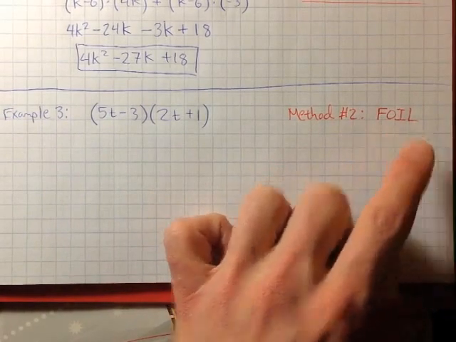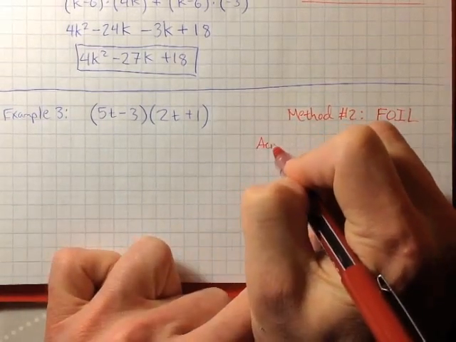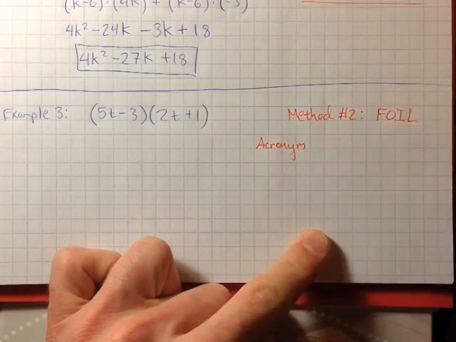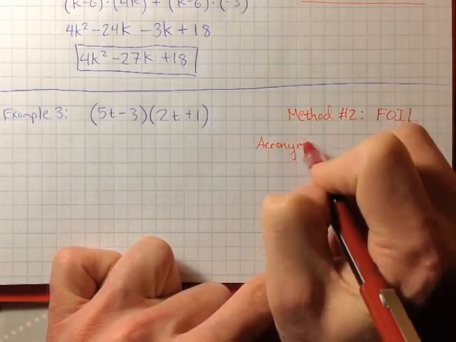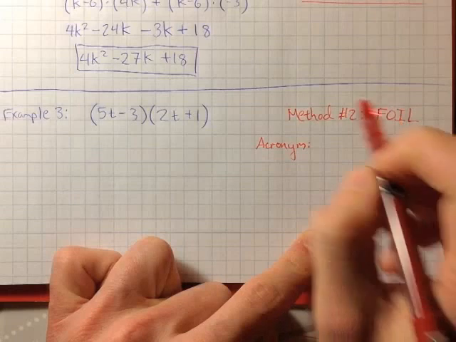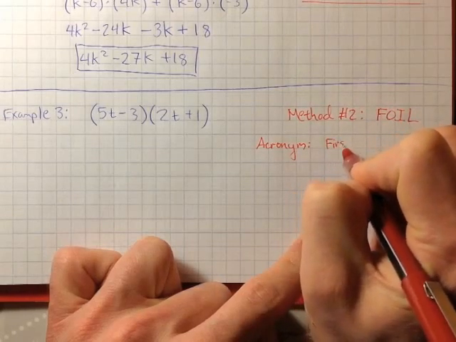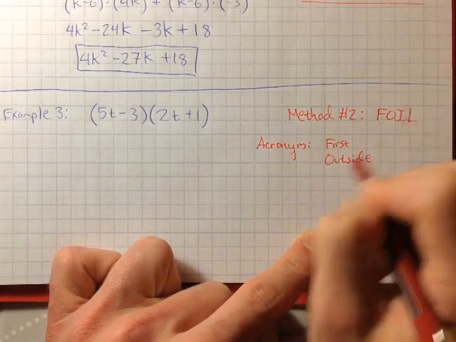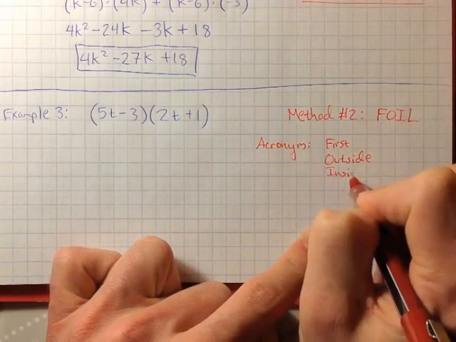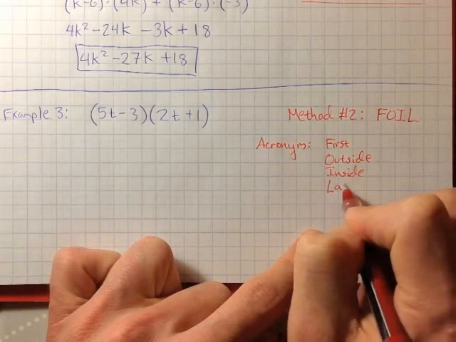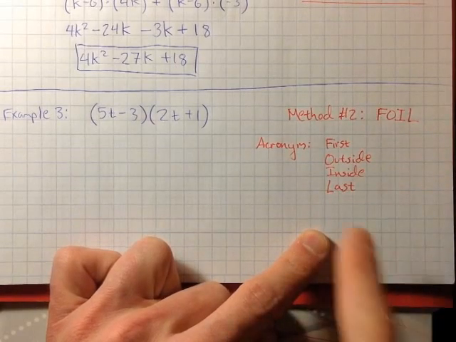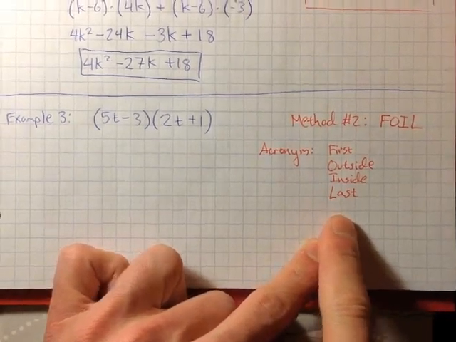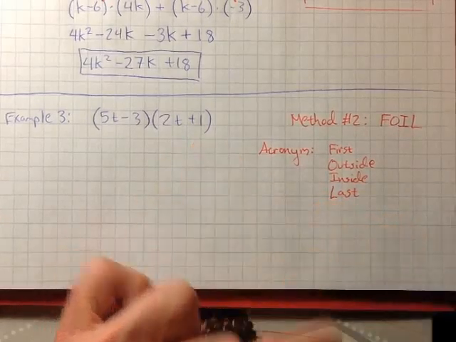Now the FOIL is an acronym. Each letter in FOIL stands for a step. The F stands for first, O stands for outside, I stands for inside, L stands for last. Now let me show you how we're going to apply FOIL to multiply this binomial.